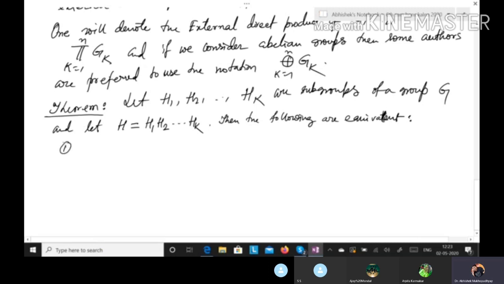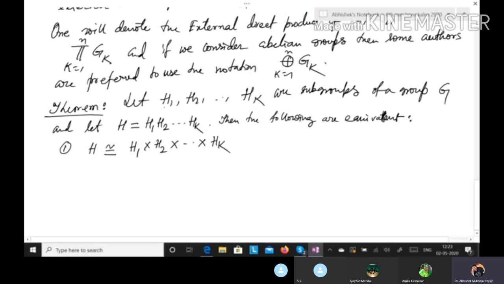What are the statements? The first one is this H will be isomorphic to the external direct product of these k subgroups. That is, H is isomorphic to H1 cross H2 cross Hk.